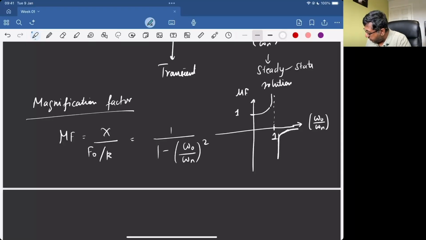So this was nothing but our point of resonance. The amplitude of vibration increases to infinity, which means the magnification factor increases to infinity.